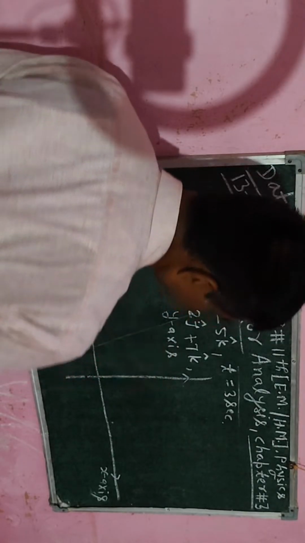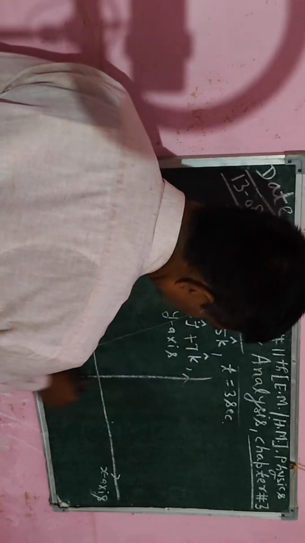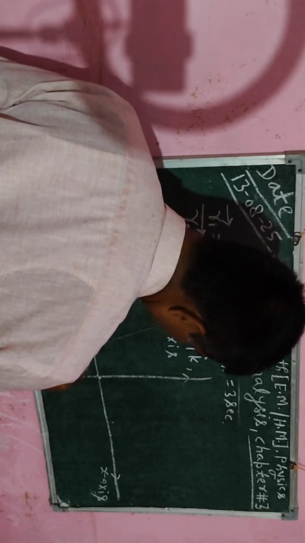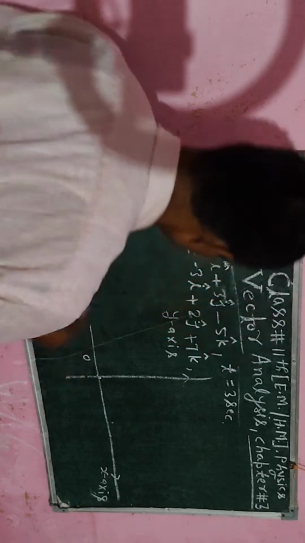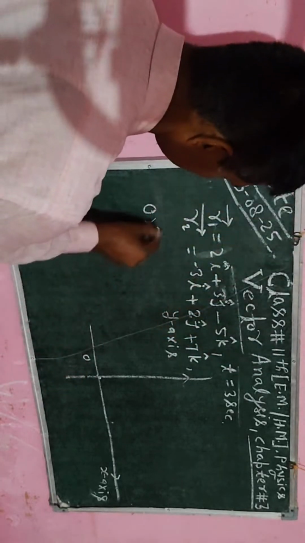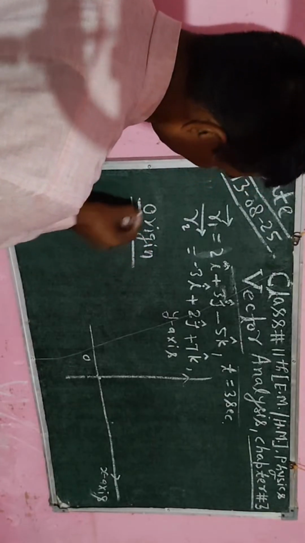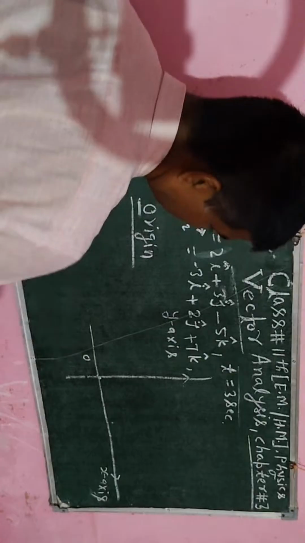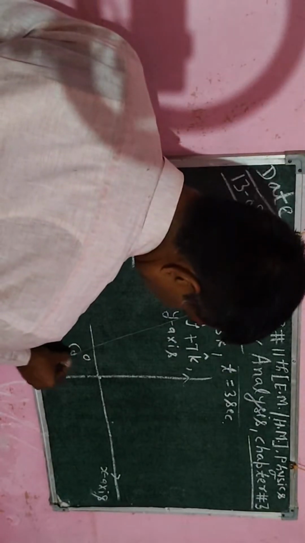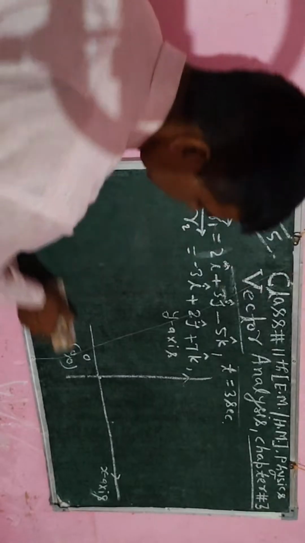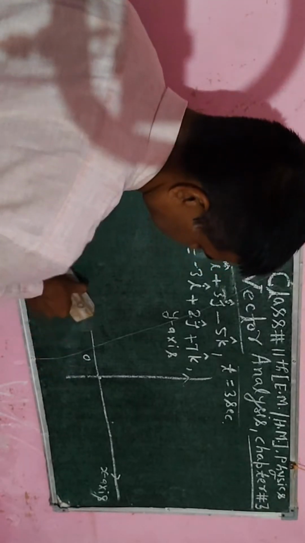Now the intersection of the y-axis and x-axis I will say origin. Origin starts with O, so I will put O here, and its coordinate will be 0, 0. There is no need to write the coordinate, but we have to know its meaning in detail.